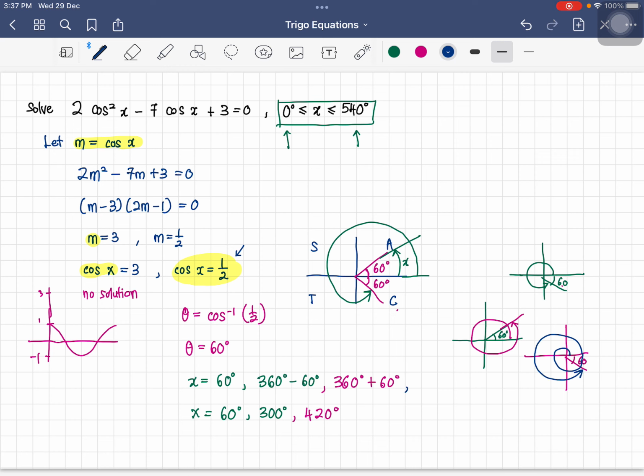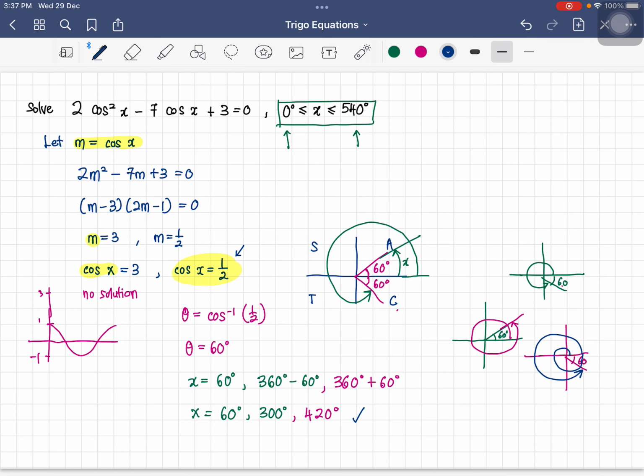Therefore, it is 360 plus that 300. That gives me 660 degrees, but is it in this range? It is out of this range, therefore we should not write it as a solution. So we just need to write these three solutions in this case.